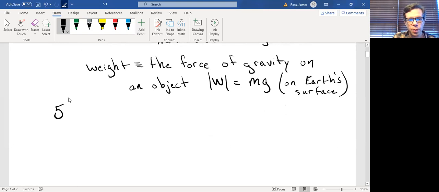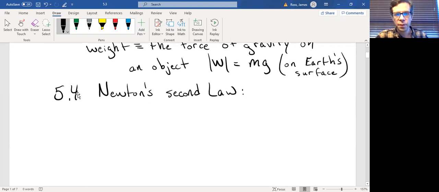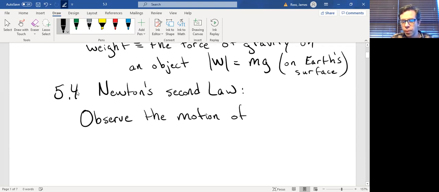All right, so now that we have a definition for mass, we can talk about Newton's second law. Newton's second law arrives as you try to look at the relationship between force and the motion of an object. So observe the motion of an object under varying forces.